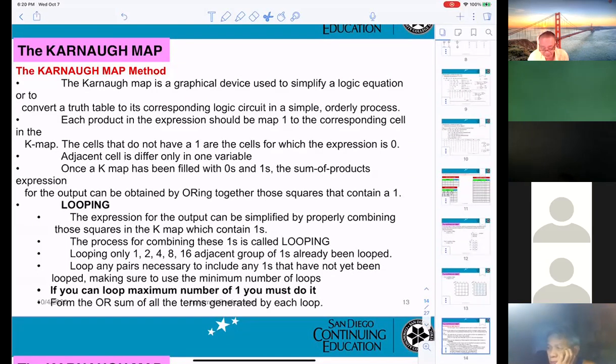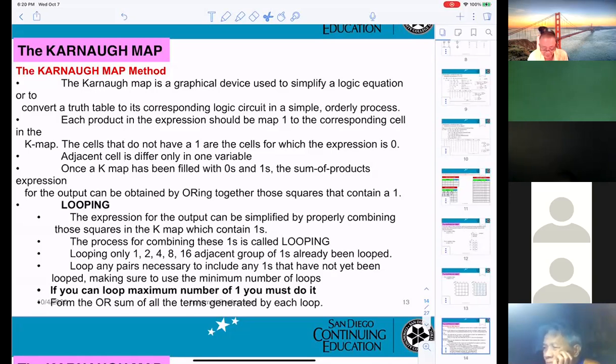Each product in the expression should be mapped by a one.